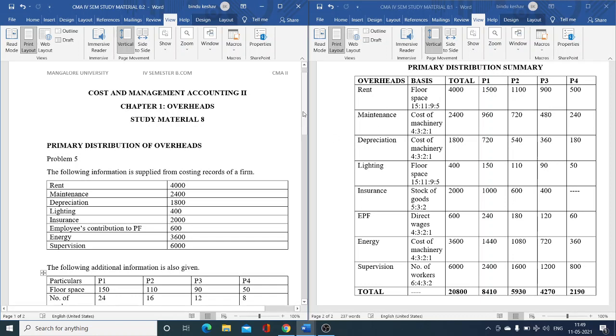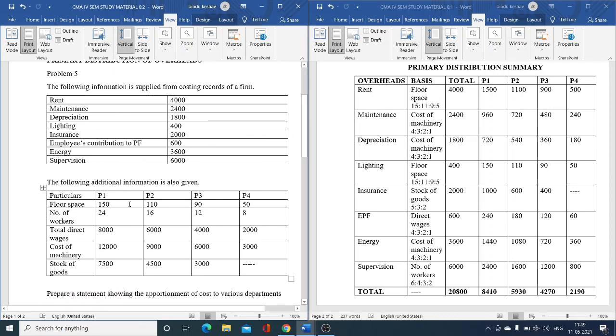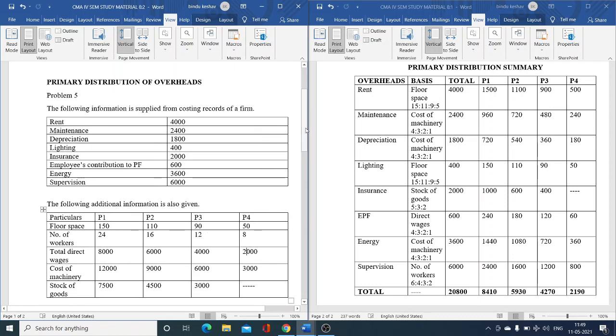So because that information is not given, we will not be charging the direct wages. If the information is clearly given as to the service departments, then we can charge the direct wages to the service departments only. Since it is not given, we are not going to charge the direct wages to any departments here, because we are assuming that all these are production departments only.